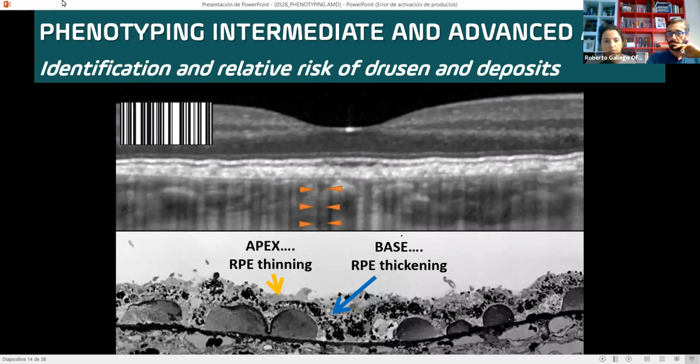This is characteristic also, and we can correlate this barcode to the appearance of the autofluorescence and the angiography, where, if you remember, there's like stars in the sky, the classical description of these drusen in the angiography, and we see these target lesions in the autofluorescence because of the thinning of the RPE at the apex of the lesion, and that's why we see this linear hypertransmission, due to this drusen.